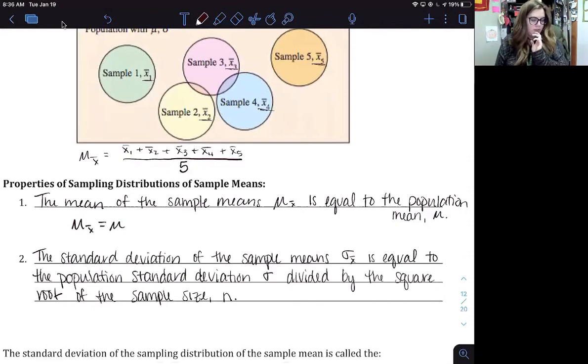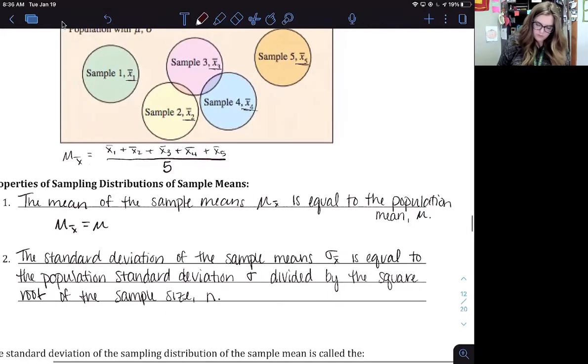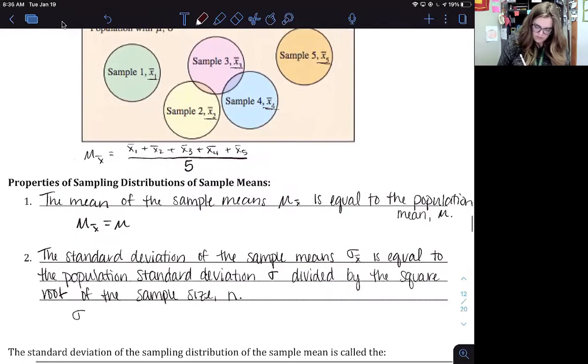So our standard deviation of X bar equals sigma divided by the square root of n.